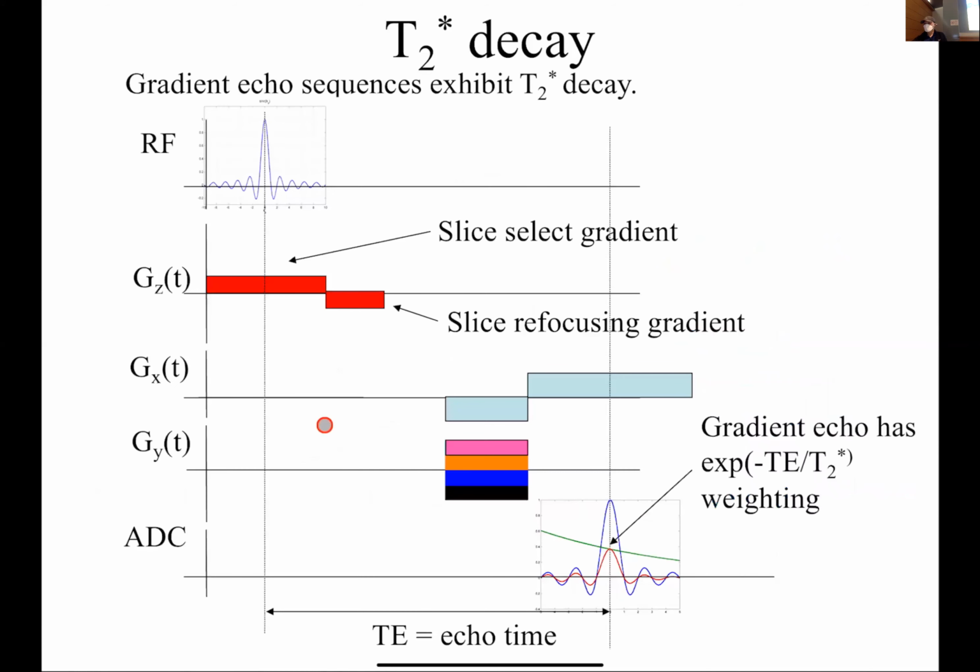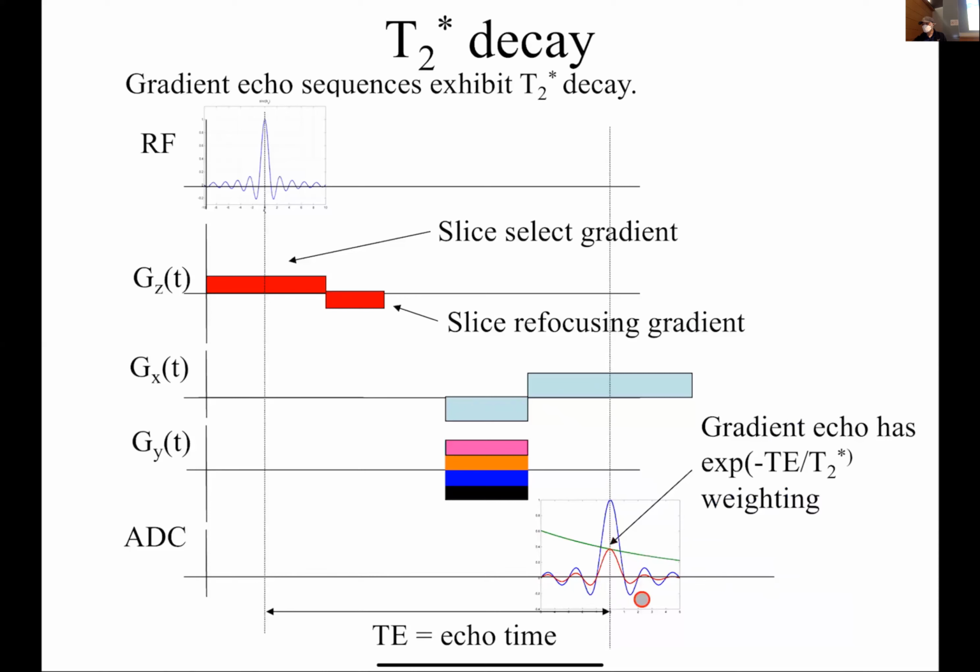Okay. So previously we've talked about gradient echo sequences, and these are what exhibit T2 star decay. And as we said before, that gradient echo is simply the refocusing done by these gradients that gets you back to the center of k-space. So what that means is, for example, if you measure a rect function, the Fourier transform is a sinc function, so you expect to measure a sinc function as your MR signal.